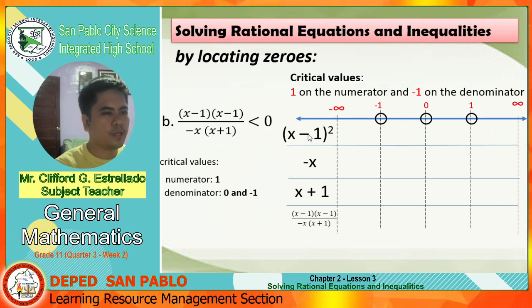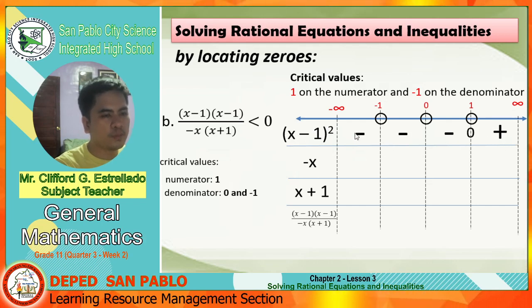Now, we have here x minus 1 squared. The critical value is positive 1, so we locate 1. Values before it are negative, and values after it are positive. But take note that here we have a square. Instead of writing x minus 1 again on another row, we can have x minus 1 squared, meaning we will square its signs.